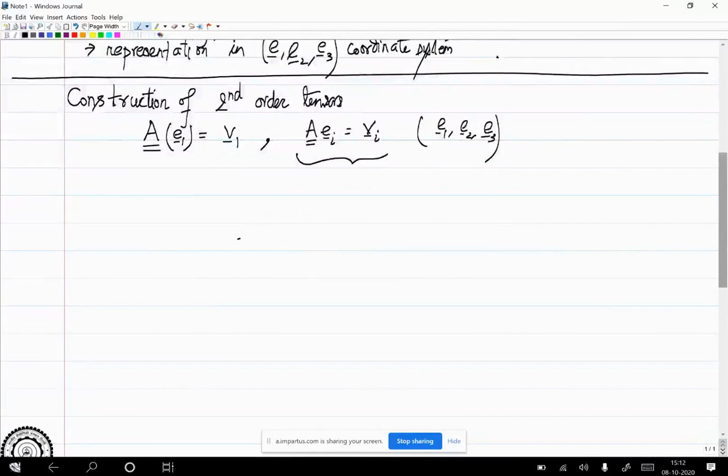That way a tensor gets uniquely defined. I'm saying three because we are working in R3. If we are working in R4 or R5, then we have to think of 4 or 5 independent vectors. Let us see how we construct the tensor, and keep in mind that e1, e2, e3 need not be perpendicular.